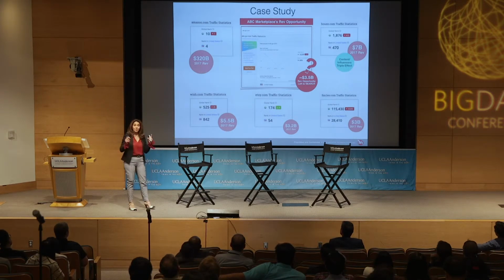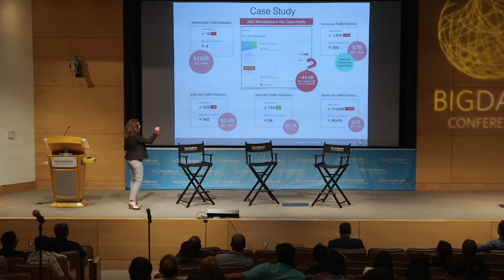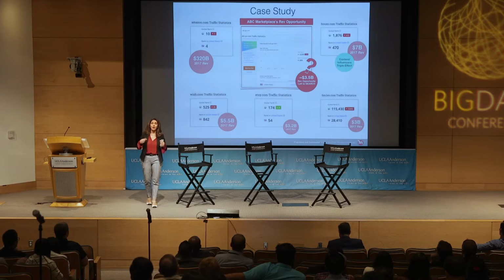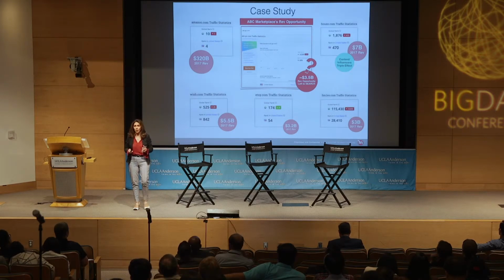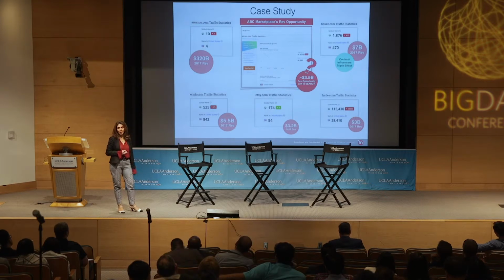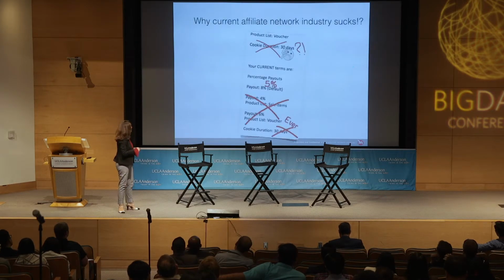ABC today, the ABC website has comparable traffic to Houzz, almost. So they really can make $3.5 billion creating, making their TV shows shoppable. And today, they're actually giving that $3.5 billion to Google and Amazon.